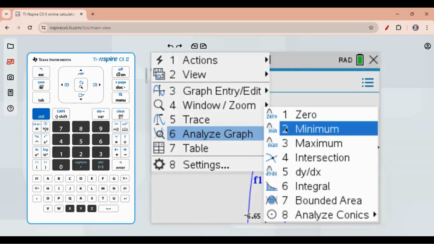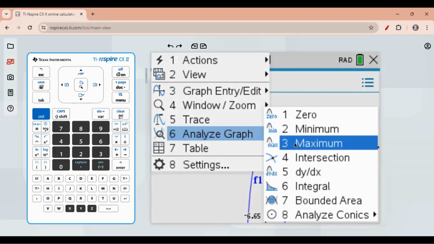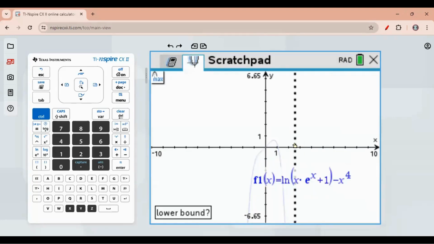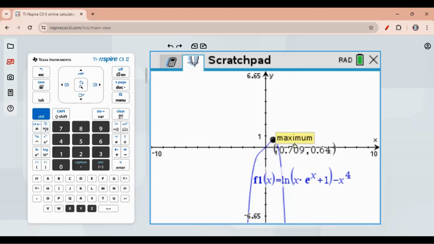A is acting as a maximum, so go for maximum. It is asking for a range. In this question they have given the range from 0 to 2. So you type 0, and then it will ask for the upper bound. So you just type 2. So your maximum is plotted over here.